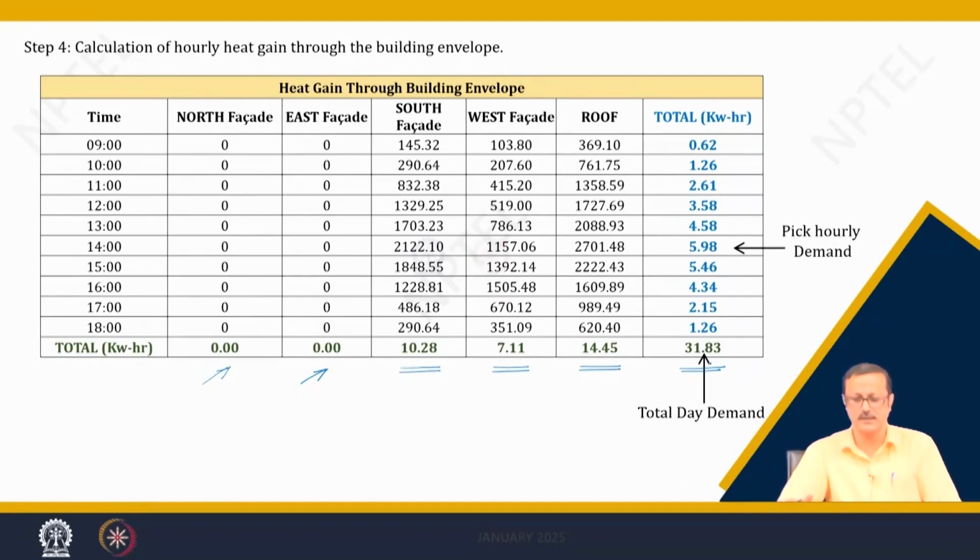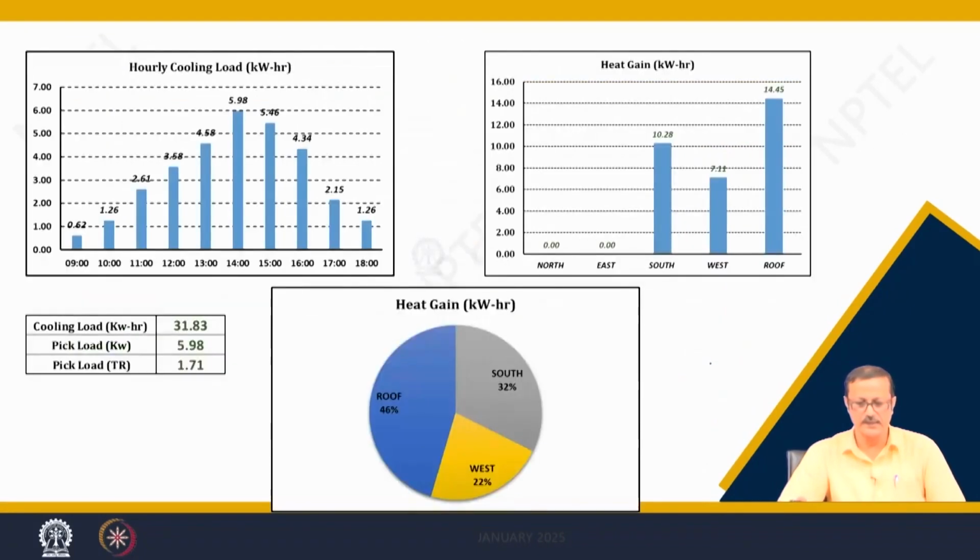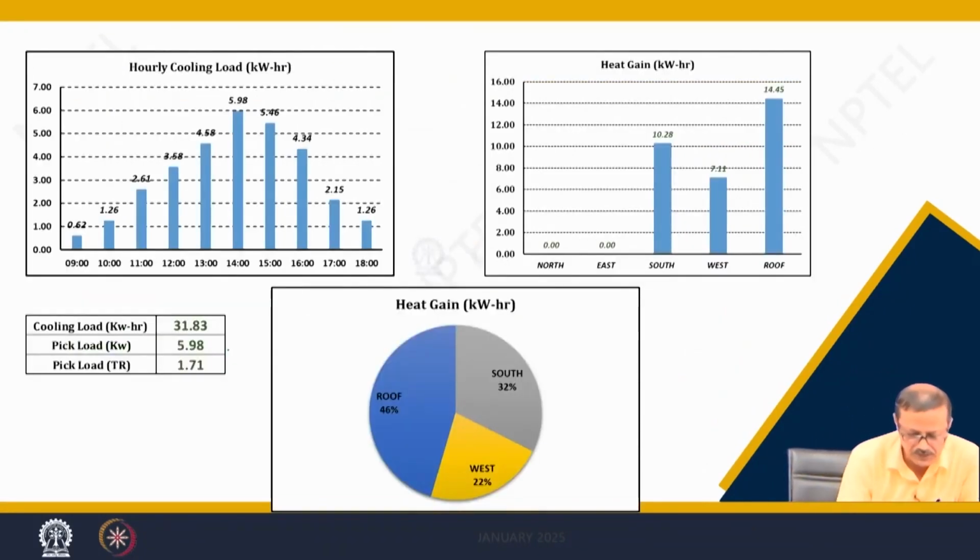That means 31.83 kilowatt hour is the total electricity bill that will come for this particular room for a particular day of June, that particular month, for one day only, to run some kind of air conditioning or cooling system, because the total cooling load is 31.83, whereas the peak load is 5.98.